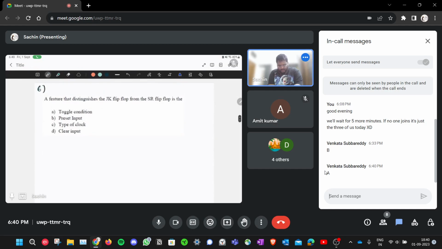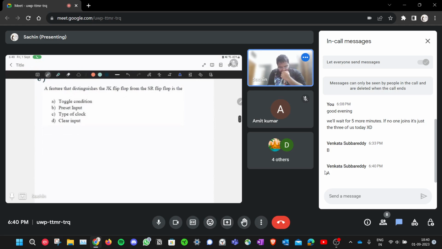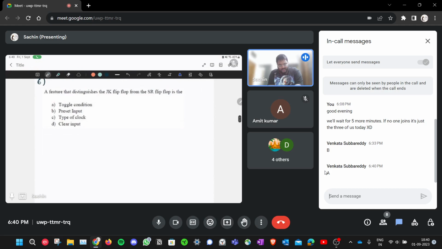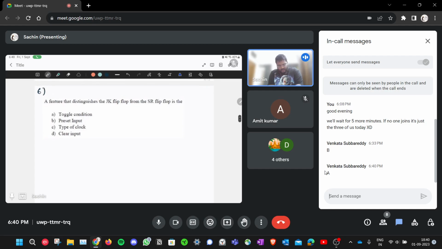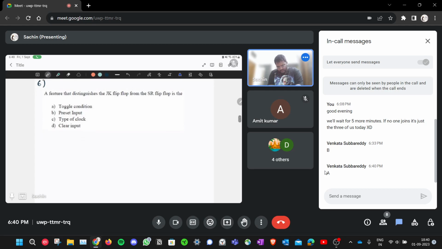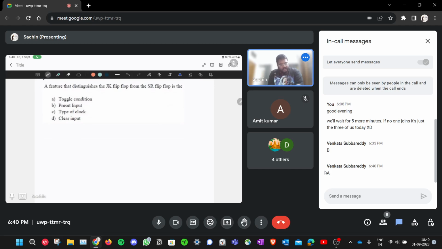If they had given JK flip-flop and SR latch, then maybe you could say the type of clock is different, because for a flip-flop you give an edge triggering pulse, and for a latch you give a level triggered pulse. But since both are flip-flops, it can't be the type of clock, and clear input is there in both JK and SR. So one difference is the toggle condition, where the output will toggle.